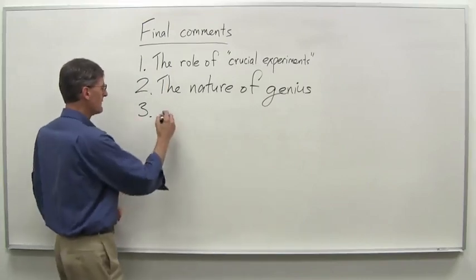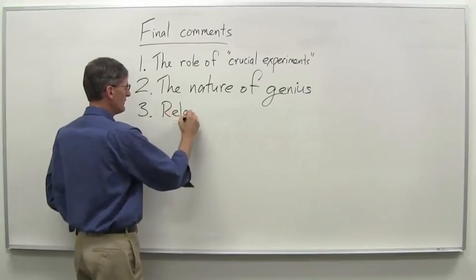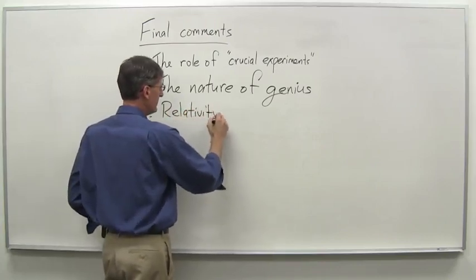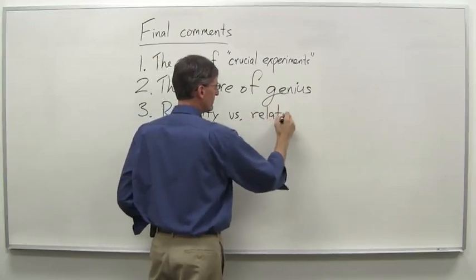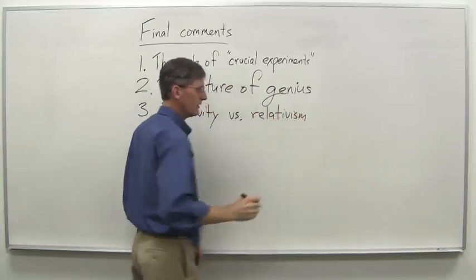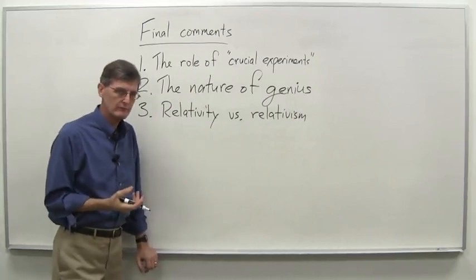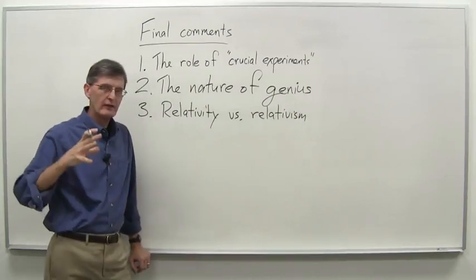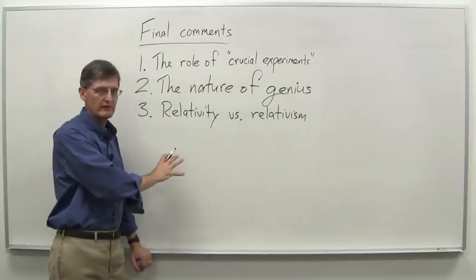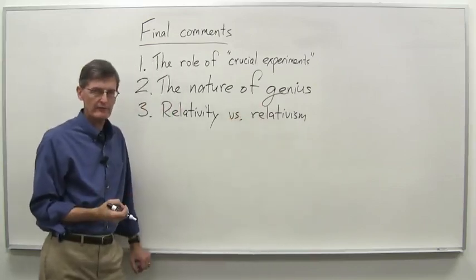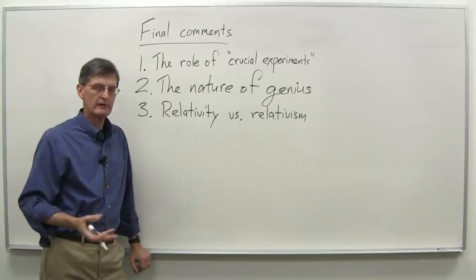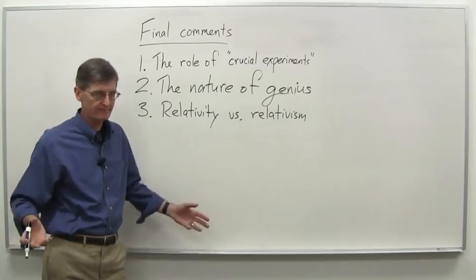Okay, number 3, relativity versus relativism. A common misconception among many people, they equate the theory of relativity with the philosophical concept of relativism. That sometimes you hear, the theory of relativity, Einstein proved that everything is relative.